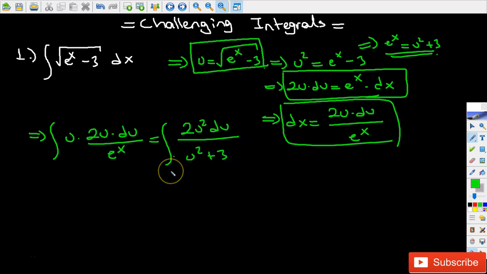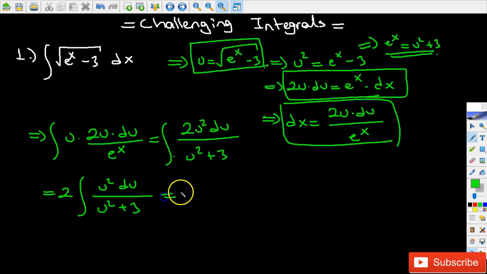This new integral is kind of messy looking, so we need to clean it up a little bit. I'm going to put this 2 as a constant out front of the entire integral. So 2 times the integral of u squared du over u squared plus 3.